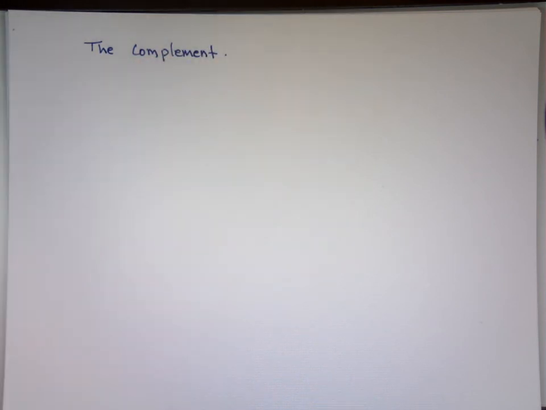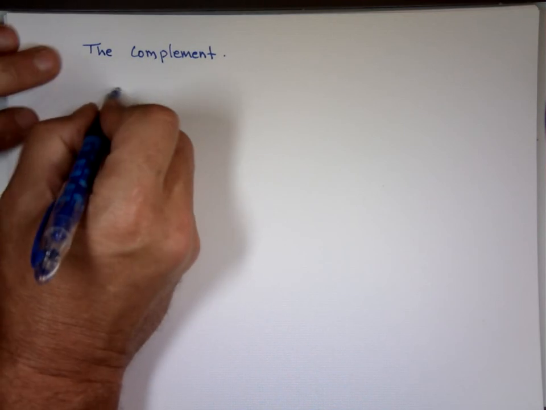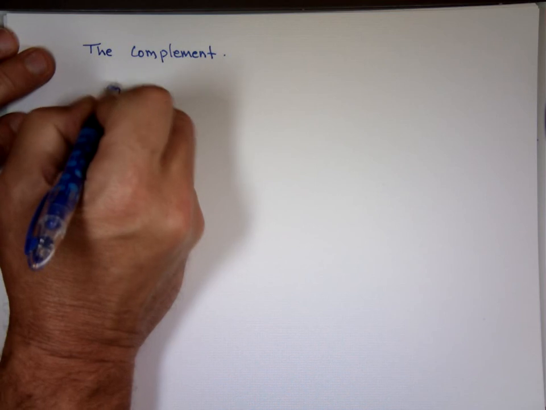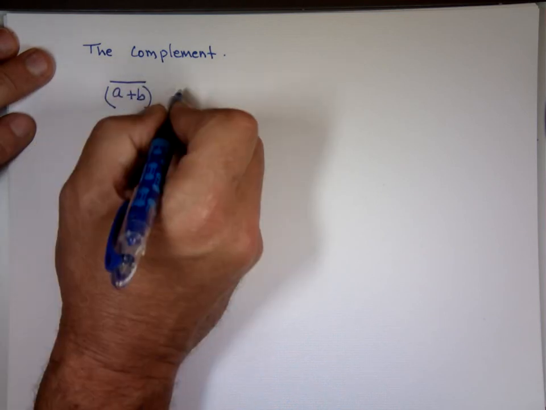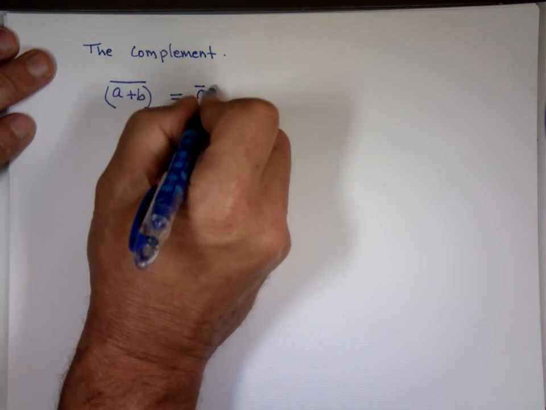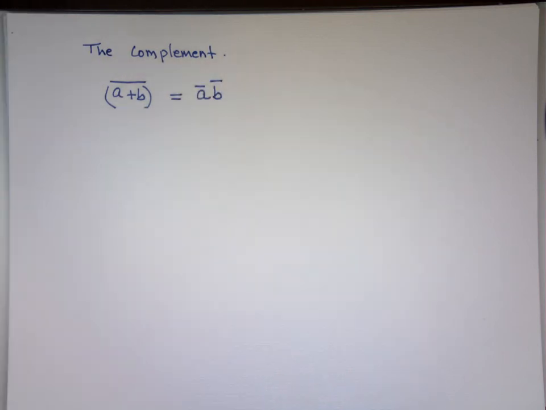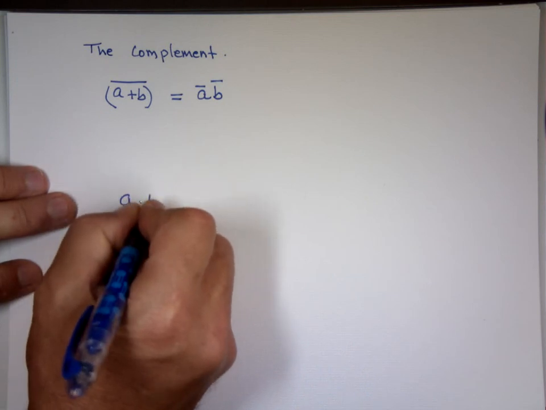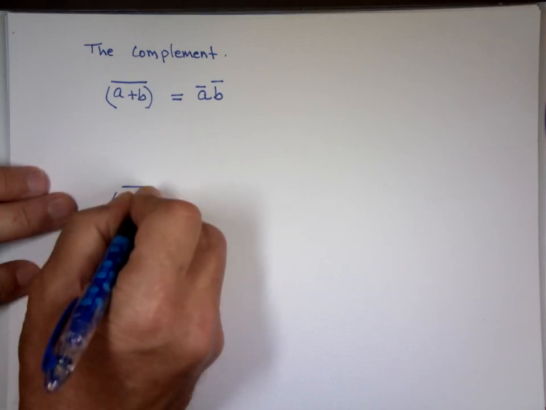If you have an OR gate, and this is really fun stuff now, and you put a not over it, the result is A bar, B bar, ANDed. And if you take an AND gate and you complement that, that becomes what?